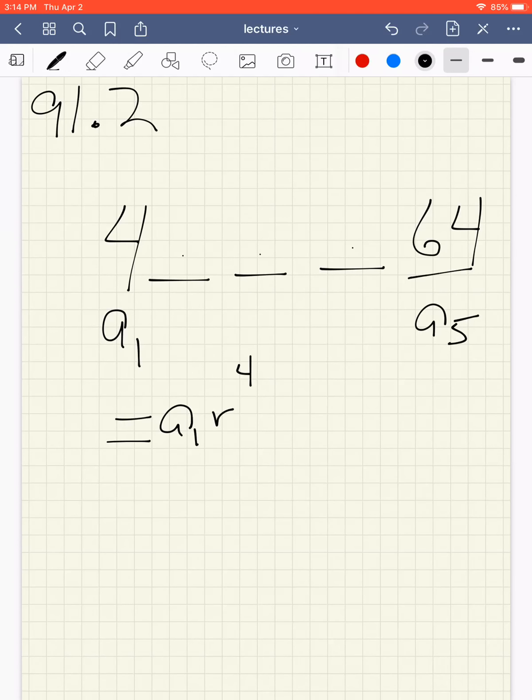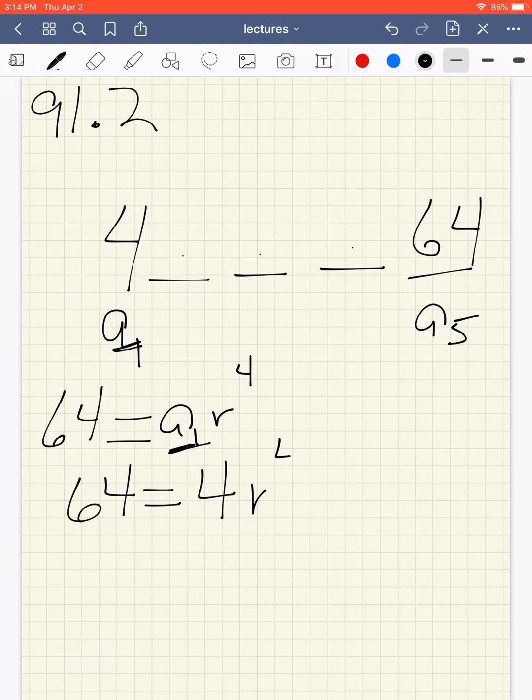And we know that that's equal to 64. We also know that A1 is 4. So if we put in 4 for A1 and solve it for r, so divide both sides by 4, r to the fourth is equal to 16. And what's the fourth root of 16?